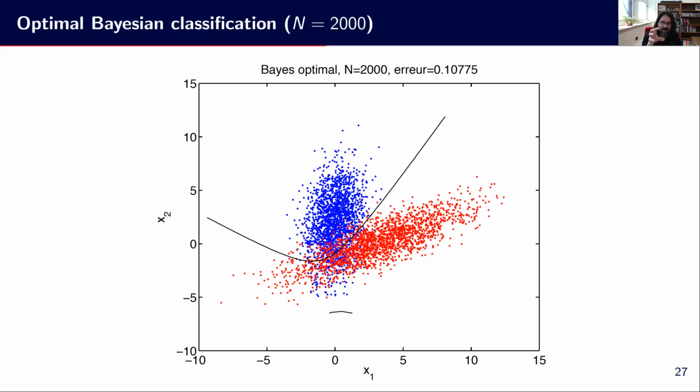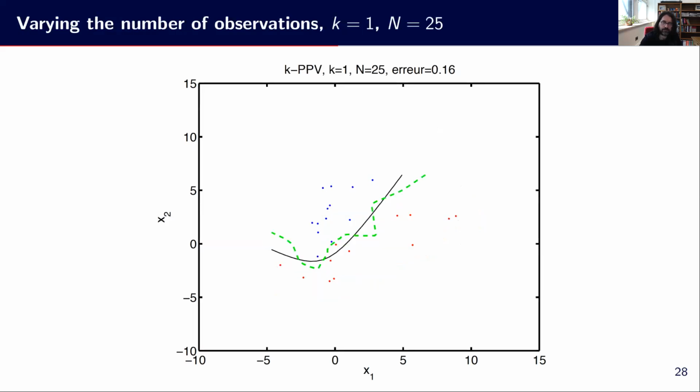So using the exact same model for densities that I used for generating these samples, I was able to classify them with about 10.7% error rate.